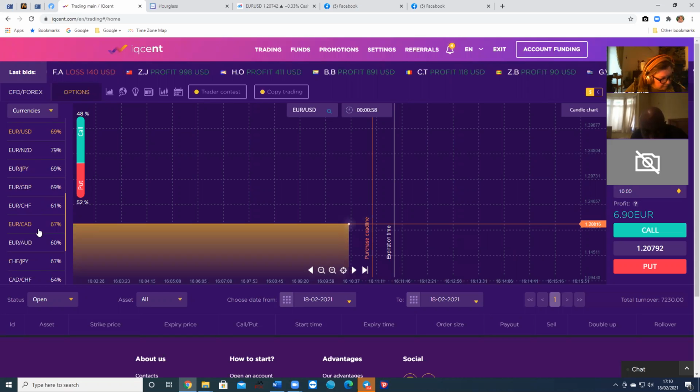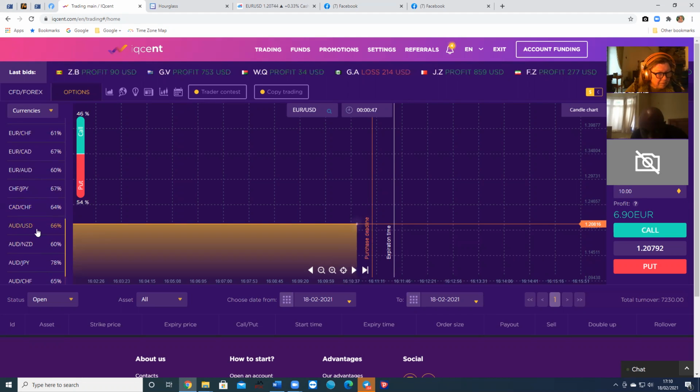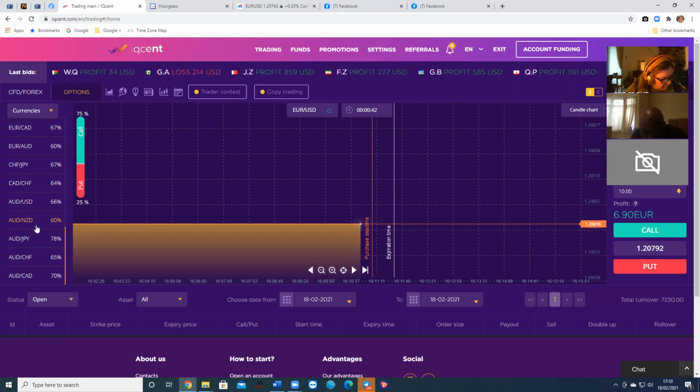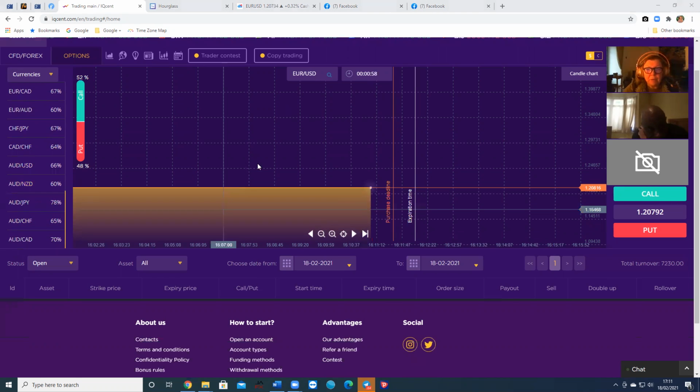Euro CAD 67, so again I'd be buying that, and I've written my percentages down as well. And AUD USD down at 66. I'll probably forget that one for today unless there's a very good setup, because if you do lose the trade at the lower percentages, it's less volatile, but you've got to work harder to make it back up if it doesn't pay out for you.